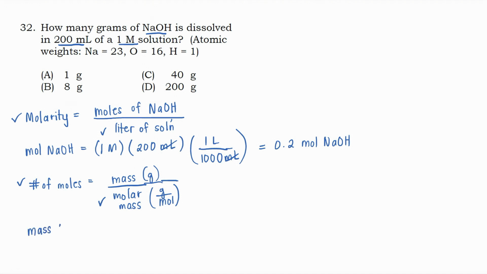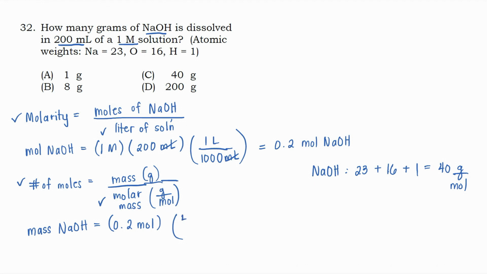So, yung mass ng NaOH na na-dissolve is equal to number of moles, yung 0.2 mole, times the molar mass ng NaOH. So, ipag-plus-plus mo lang yung Na or sodium is 23, oxygen 16, plus 1 para sa hydrogen, which is equal to 40 gram per mole. So, multiply mo lang to sa 40 gram per mole.